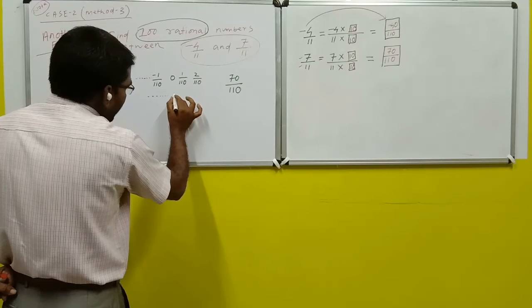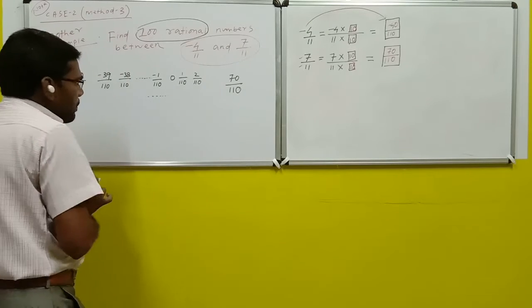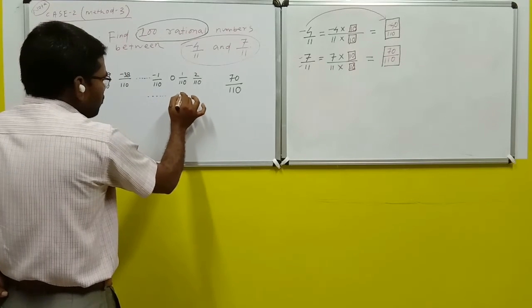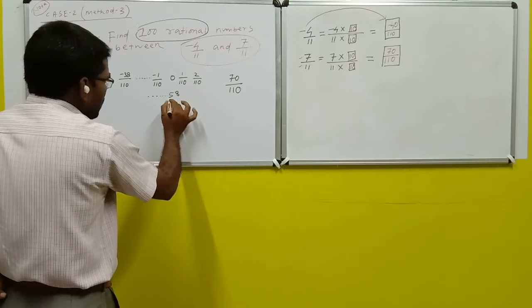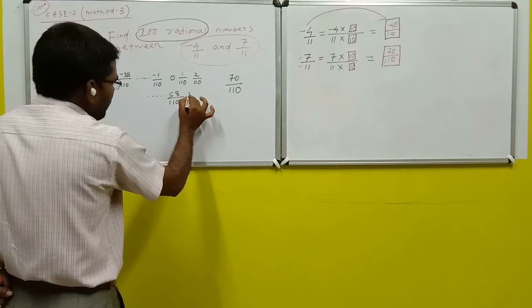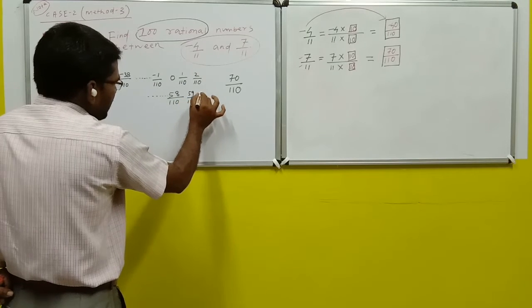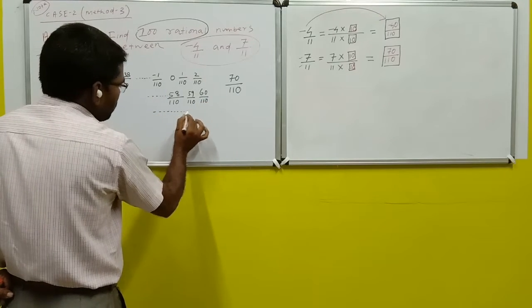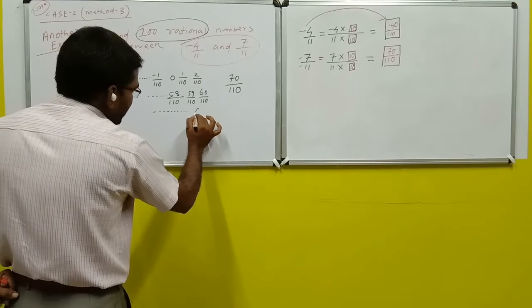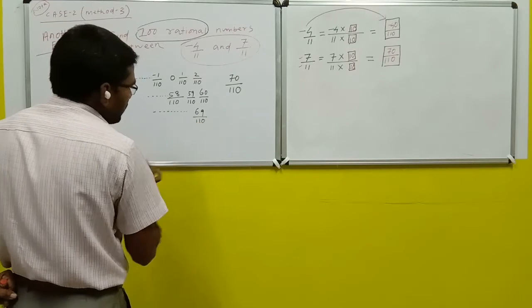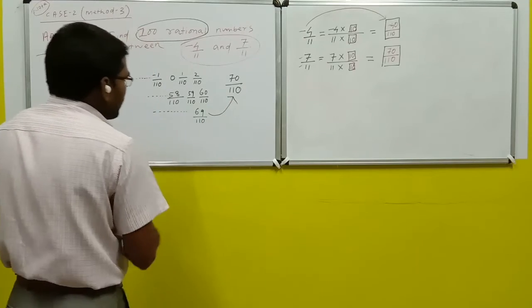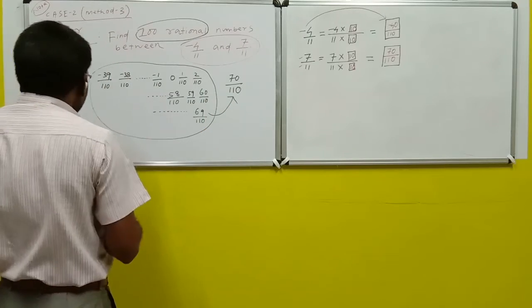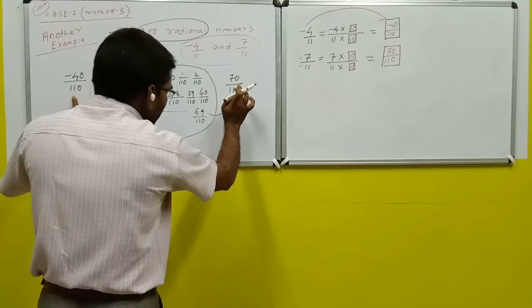Then 58 by 110, 59 by 110, 60 by 110, then 69 by 110, then 70 by 110. So these are the rational numbers between minus 40 by 110 and 70 by 110.